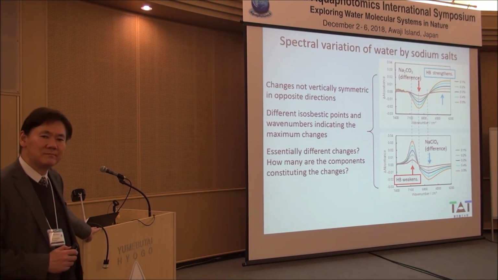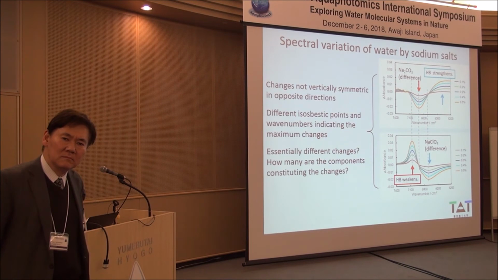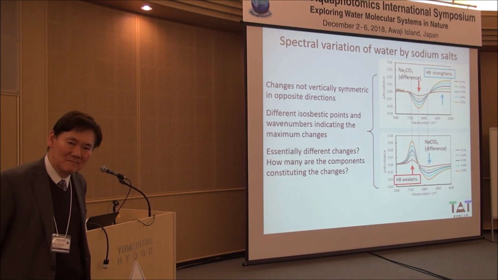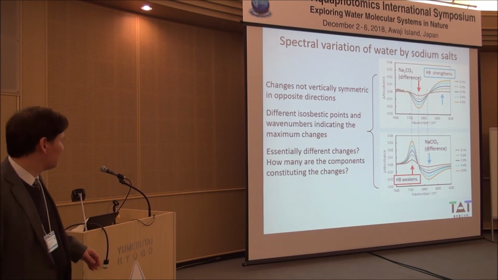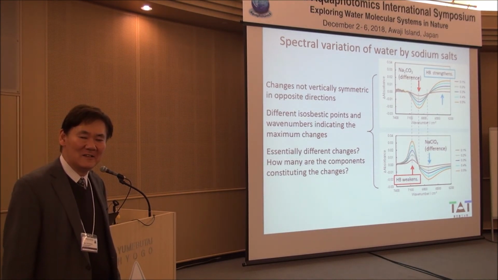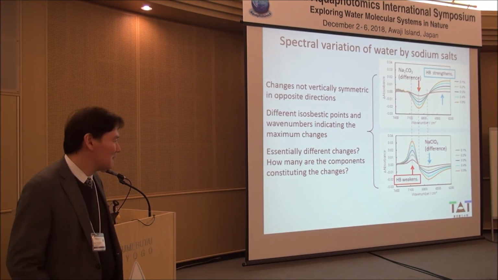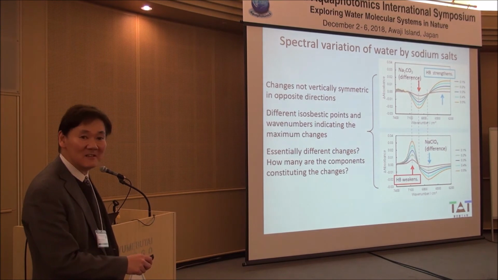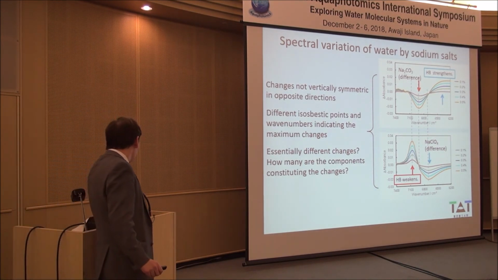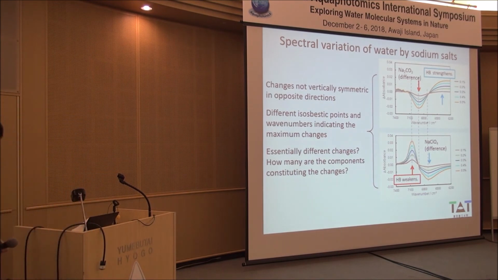So by changing their ratio, the isosbestic point of one plot should coincide with the isosbestic point of the other one. But this, as you can see, is not the case, because the peak of one plot is in correspondence with the isosbestic point of the other one.